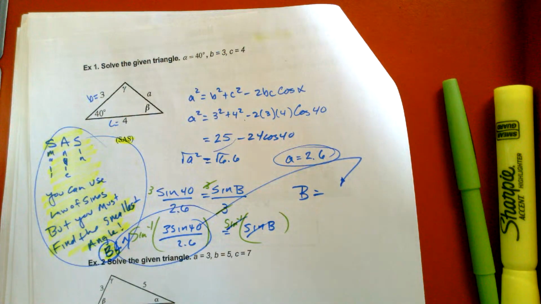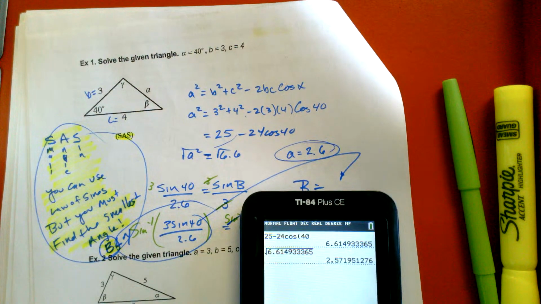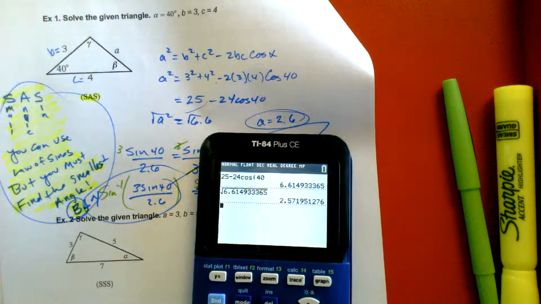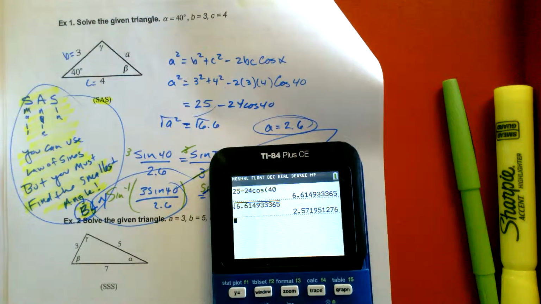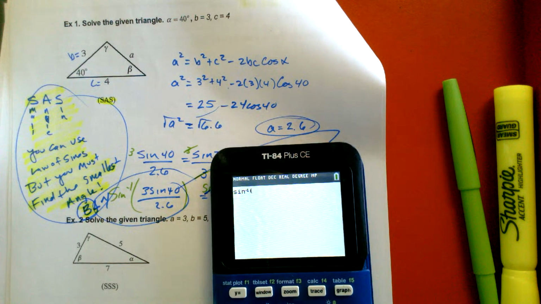So go ahead and plug it in. I'll plug this in here so we can see it. So I've got inverse sine, and then I've got, I'll use the alpha button here.